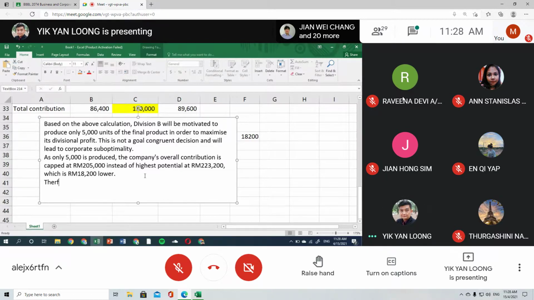Therefore, the transfer price of 29 ringgit per unit is not appropriate and will lead to corporate suboptimality. Okay.